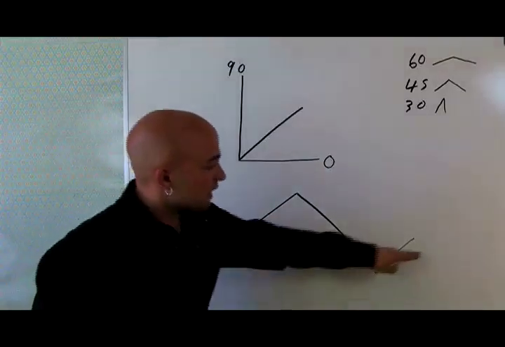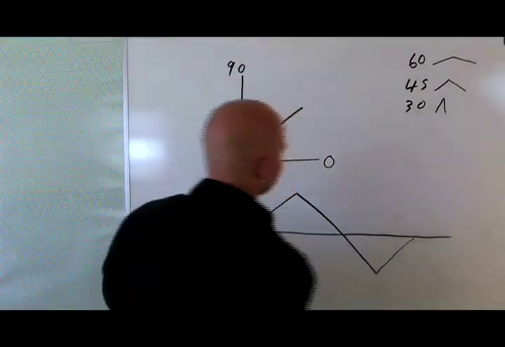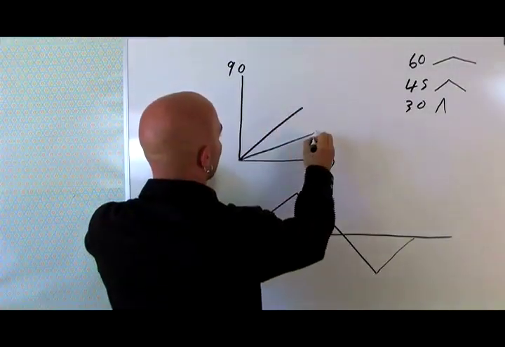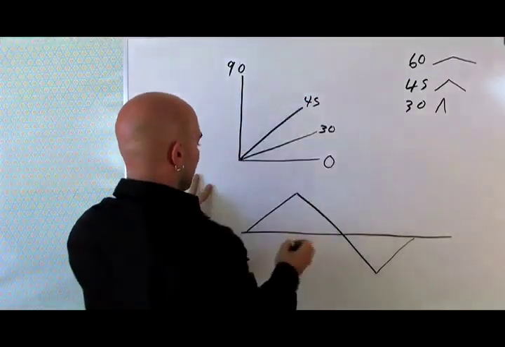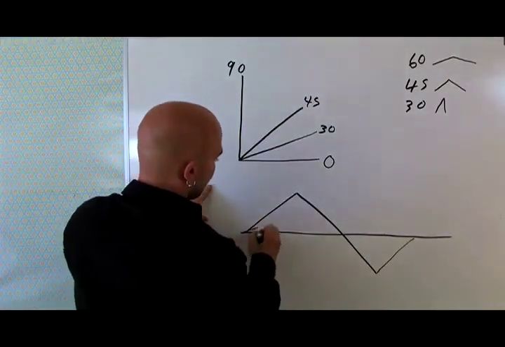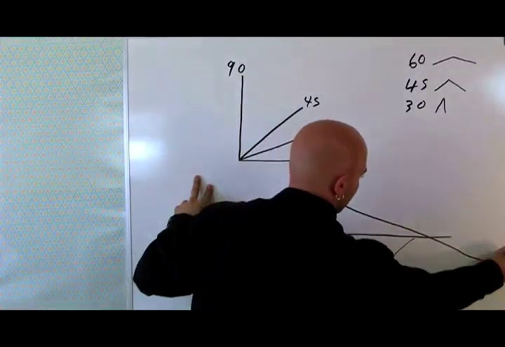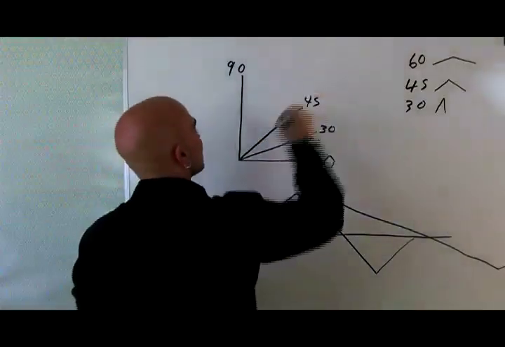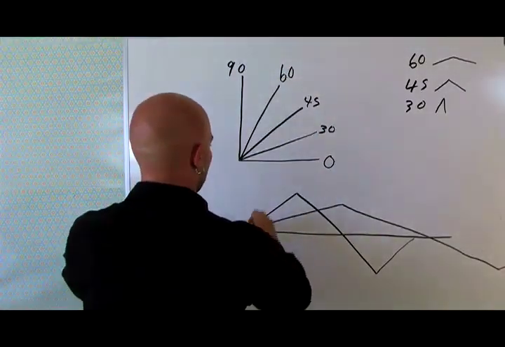And what it starts to create is this type of sine wave, or this type of vibration here. Now this 30-degree one, which comes out this direction, is going to come this way. So it produces a whole different type of vibration, where this 60-degree one will come here.